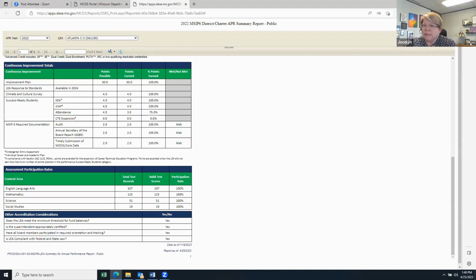The first one is the ICAP, or the Individual Career and Academic Plan, for our students who are exiting 8th grade. By statute, that's required to be in there. I know many of you may not be responsible for the MSIP core data reporting, but that shows up as an optional field, but it's required reporting if the district wants to earn the points, because it's the only way for us to see that.